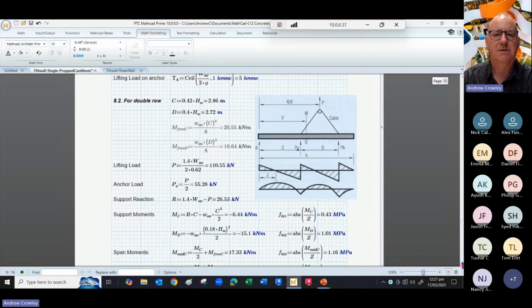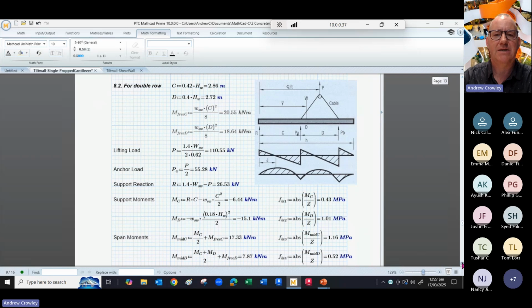So let's look at a double row, slightly more complicated calculation for that, but it's basically a continuous beam. And so you've got lifting at point P, working out the loads. We put a factor of 1.4 on the self weight, by the way, just in case. And then we can derive what the anchor load is because we've got two rows in there.